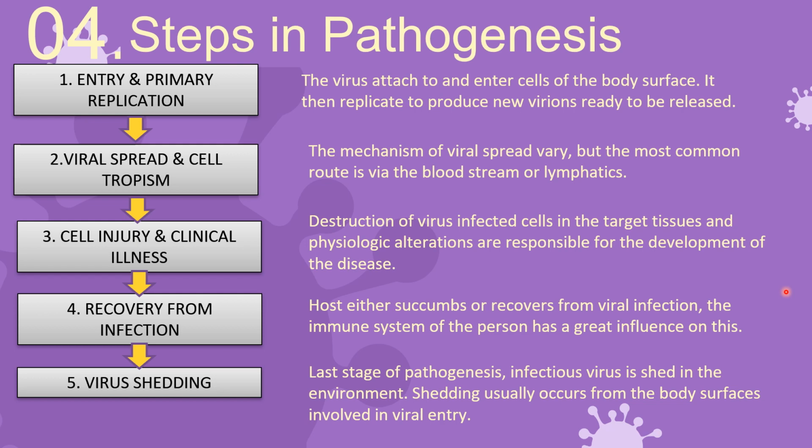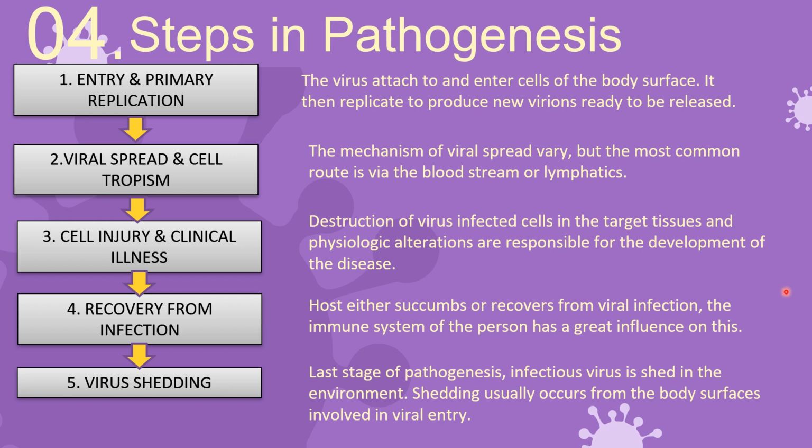So just like the viral replication, there are different steps. First, the virus attaches and enters the cells of the body surface and then replicates to produce new virions ready to be released.